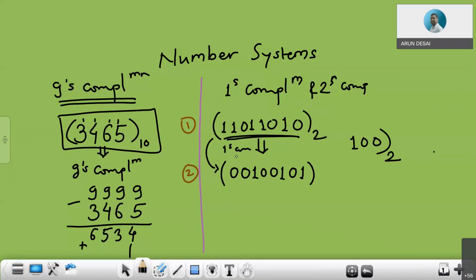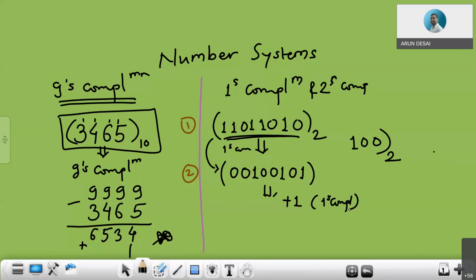So how to find out the two's complement there? Exactly the same way. Need to add 1 into the one's complement. Why actually are we complementing the things here? Why are we having a two's complement?